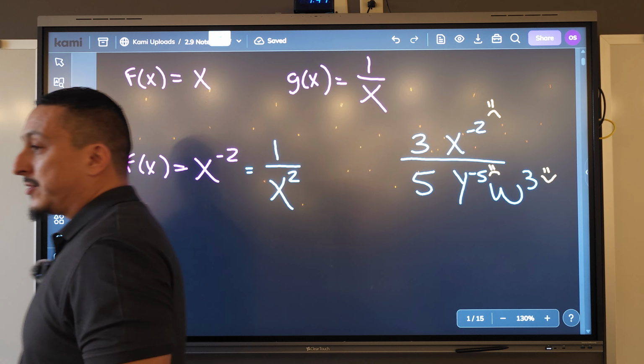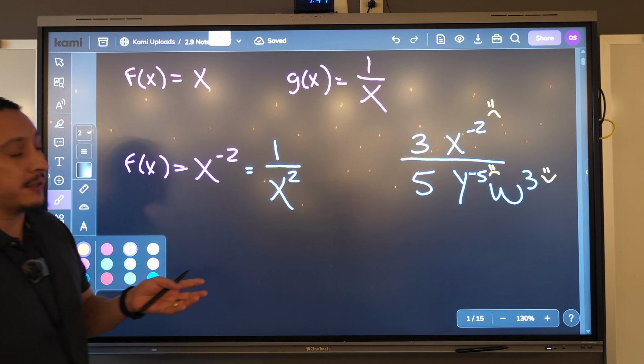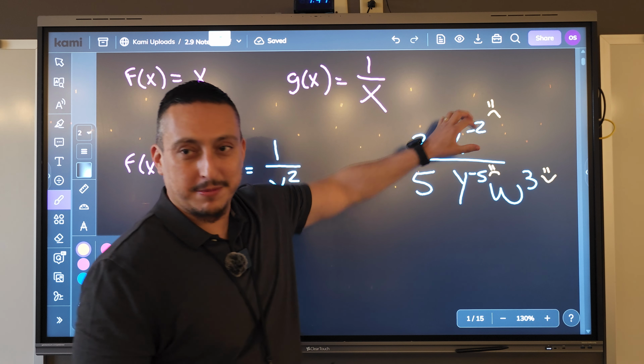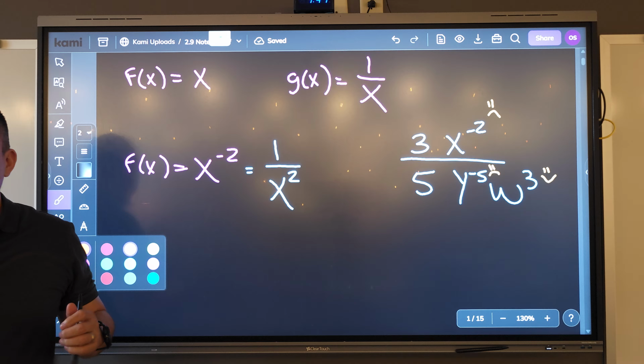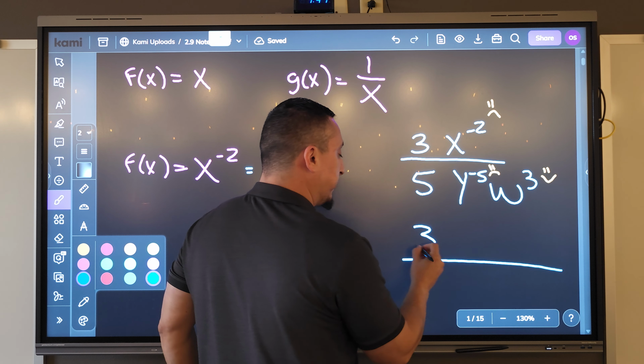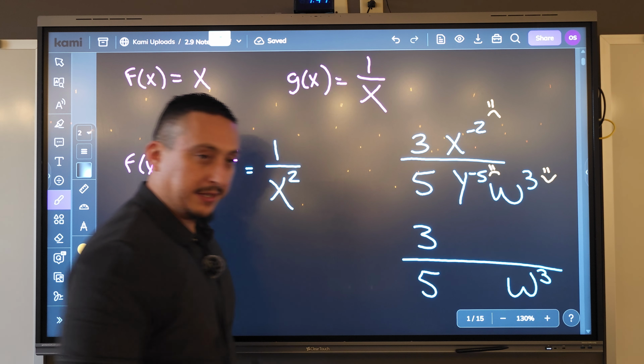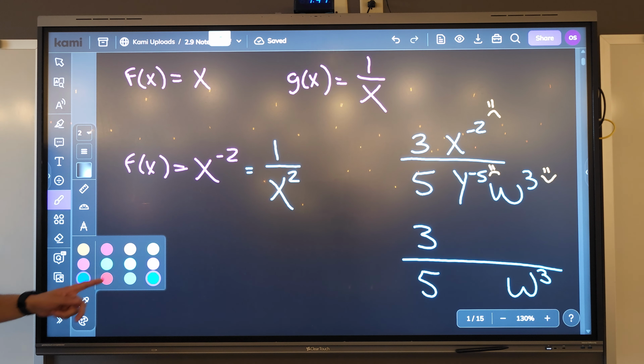They're unhappy in their current location, and there's only 2 ways they can go: to the top or the bottom, numerator or denominator. If they're unhappy, we have to move them. So the 3 is fine, the 5 is fine, the W is fine because they're happy. We're just going to move the unhappy ones.